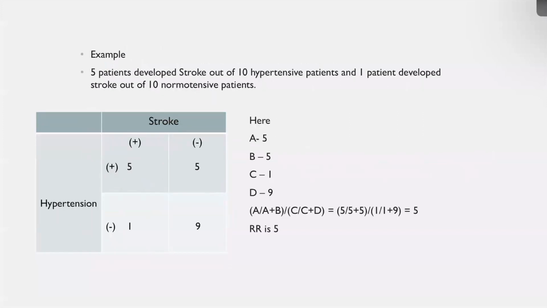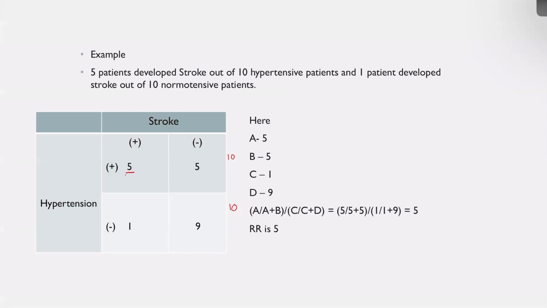Second, we have another example. So 5 patients who developed stroke out of 10 hypertensive patients. Okay, so there are 10 patients who had hypertension, and then here you have 10 normotensive patients. So here 10 patients who have normotension. Okay, so 5 patients developed stroke.